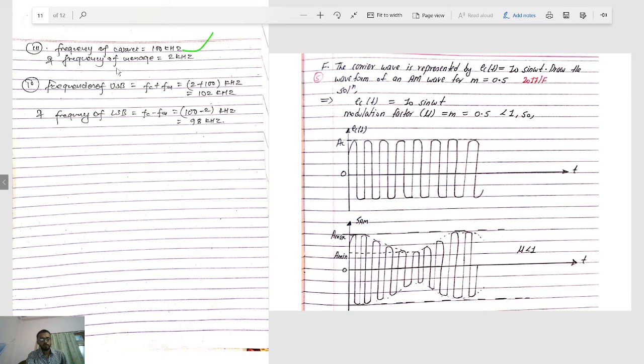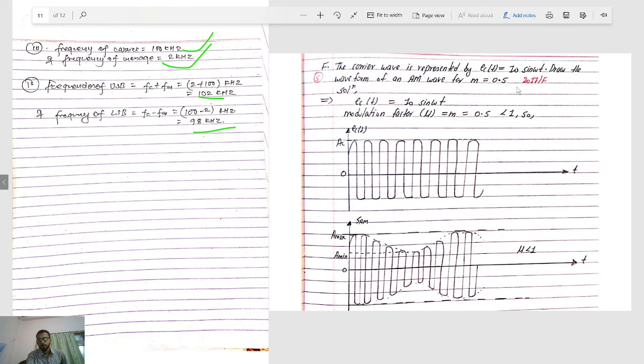Similarly, the frequency of message is 2 kilohertz, and the frequency of USB is calculated as fc plus fm, so on substituting we get 102 kilohertz. Similarly, the frequency of LSB, fc minus fm, gives 98 kilohertz.